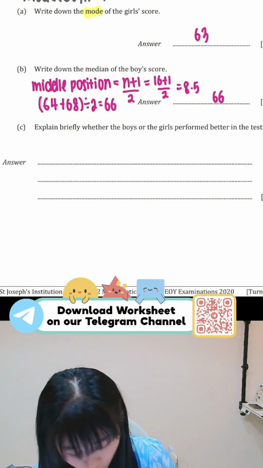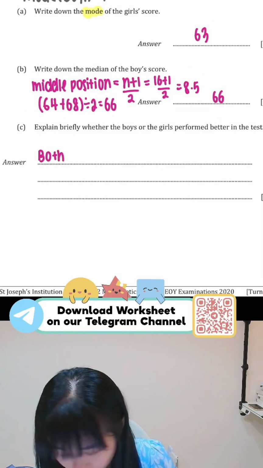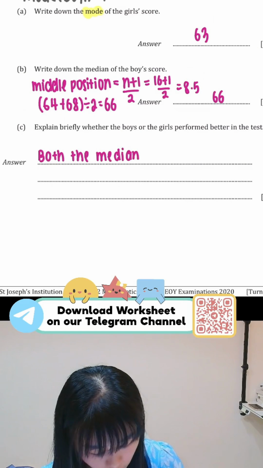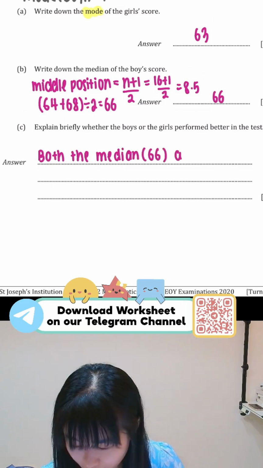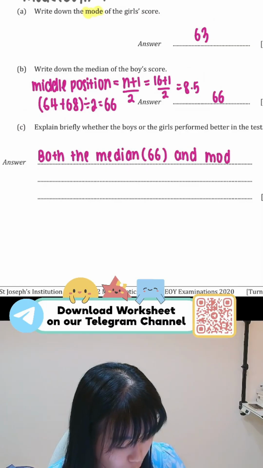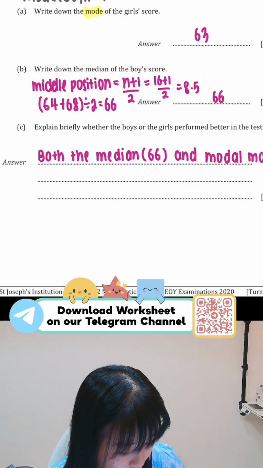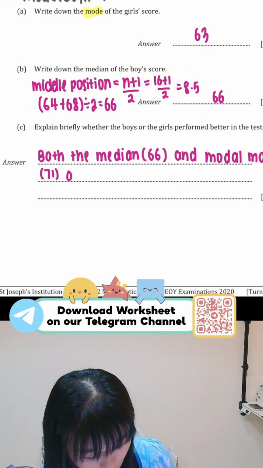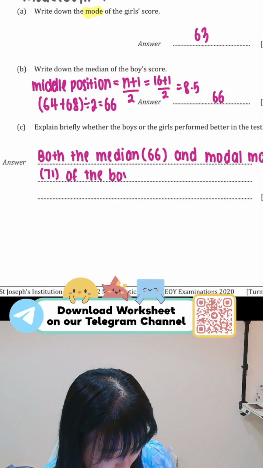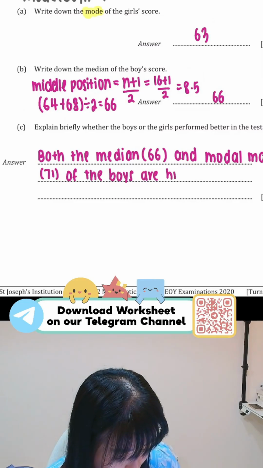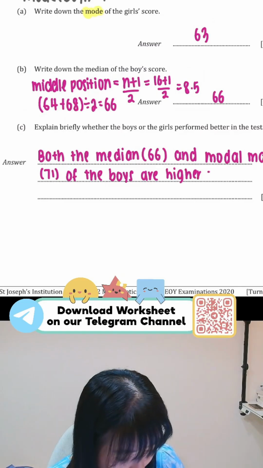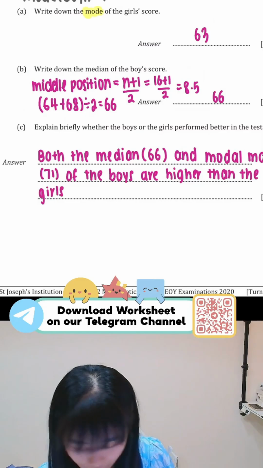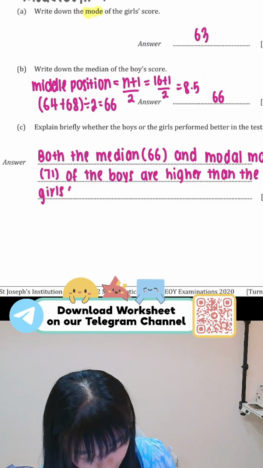We are going to say both the median, which in this case for the boys is 66, and the modal marks, which is 71, of the boys are higher than the girls.